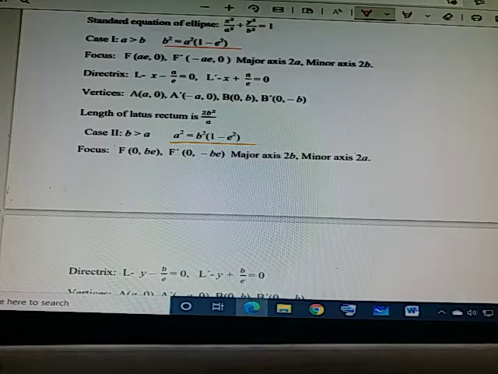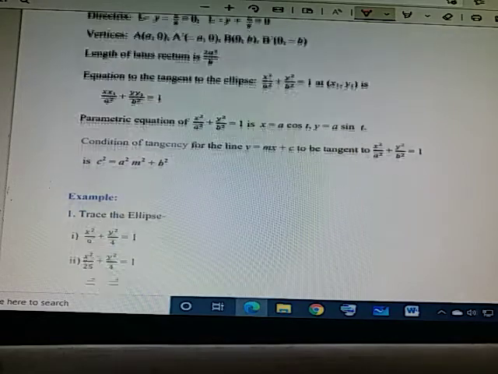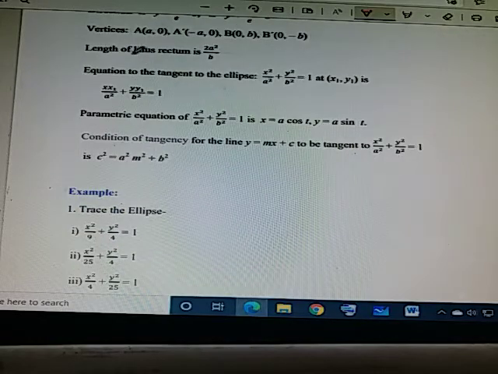So this is ellipse. And this is length of lateral rectum. So whichever is less. So here a square is less, that is why length of lateral rectum is 2a square by b. When b is minor axis, then length of lateral rectum is 2b square by a.